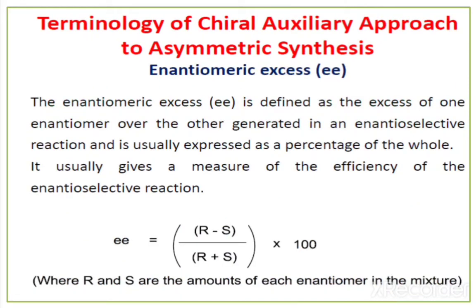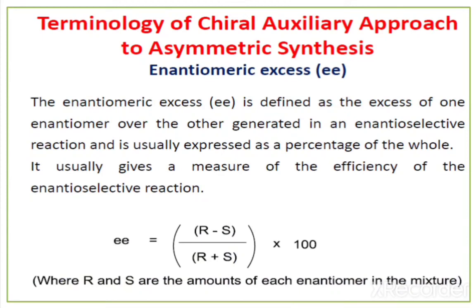Now then, what is the meaning of enantiomeric excess, that is EE? The enantiomeric excess is defined as the excess of one enantiomer over the other generated in an enantioselective reaction, and it is usually expressed as a percentage of the whole.